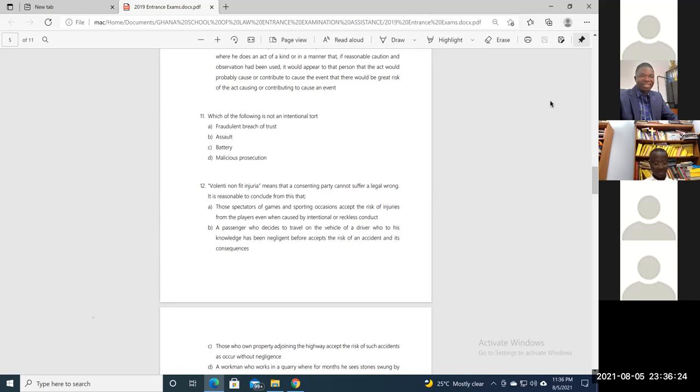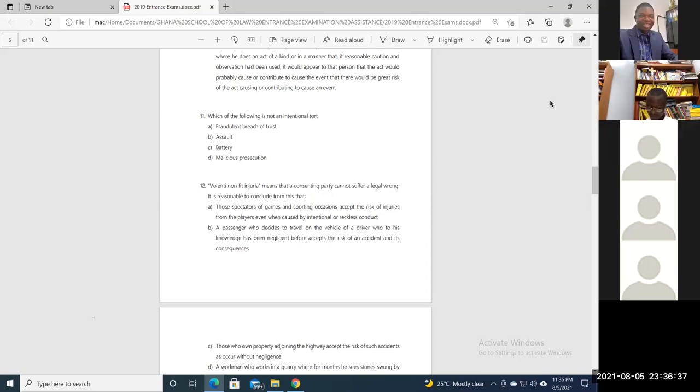Okay, let's take Joss. Joss? Sir, I would have explained it as an act by the defendant which requires proof of intention. For instance, false imprisonment.